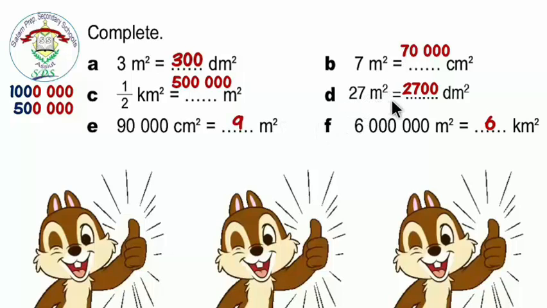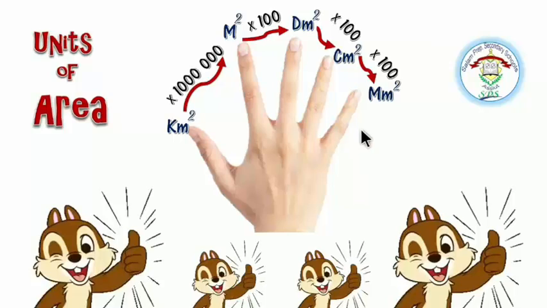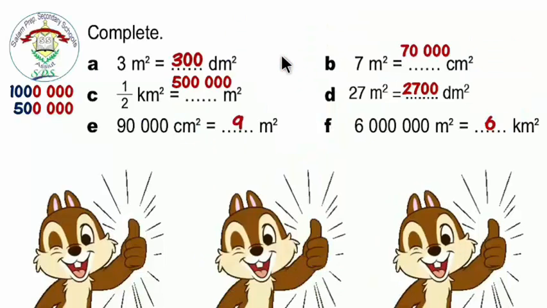27 square meters equal blank square decimeters. From square meter to square decimeter, we will put 2 zeros. So 27 square meters equal 2,700 square decimeters. 90,000 square centimeters equal blank square meters.